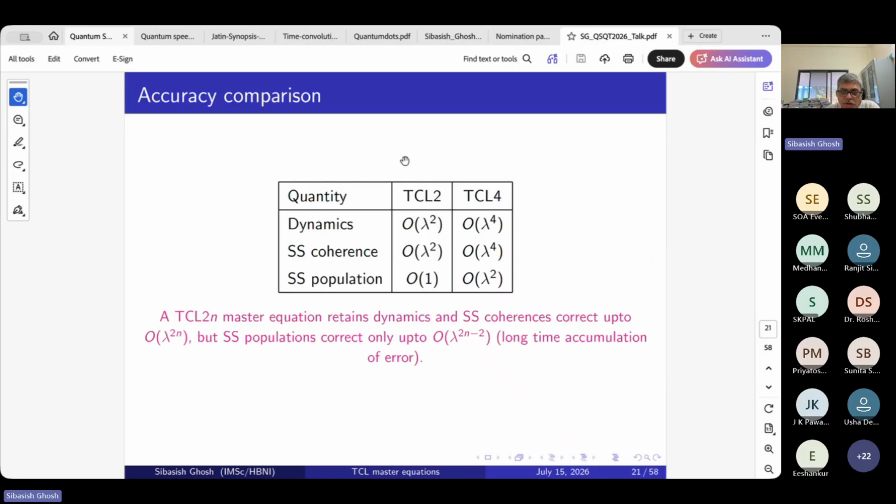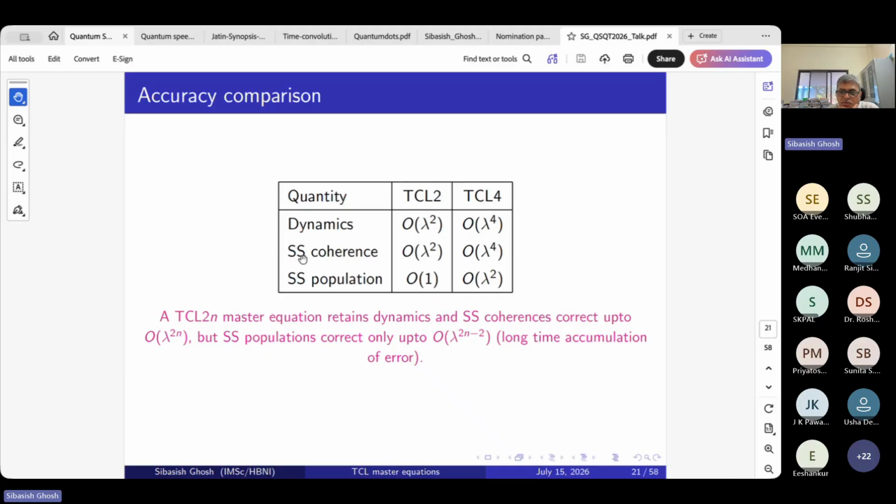Okay. So now the question is, because this is a perturbative approach, how accurately it will approximate the actual dynamics? Because actual dynamics has to be completely positive, but this is under this perturbative approach. So one can show that the dynamics, that means the time evolution of the system, for TCL2 is accurate up to lambda square order, and for TCL4 it is accurate up to lambda to the power 4th order.